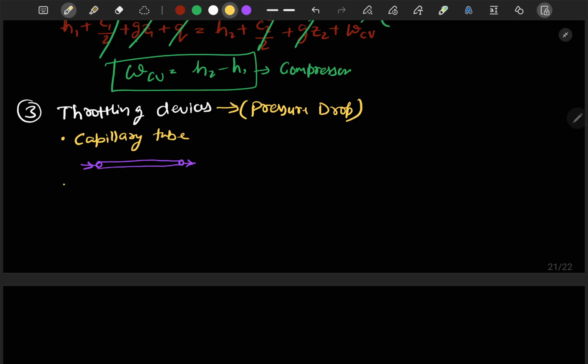Next is the partially open valve. Okay. There is one more type, the porous plug. In a porous plug, a foam is used to reduce the pressure of the flow.